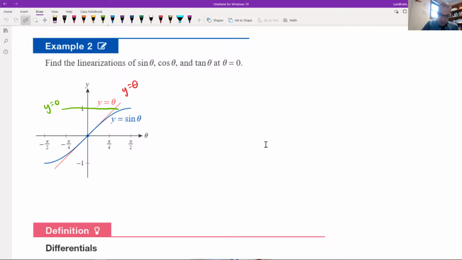So if we want to find the linearization of tangent, we'd need to find the derivative.